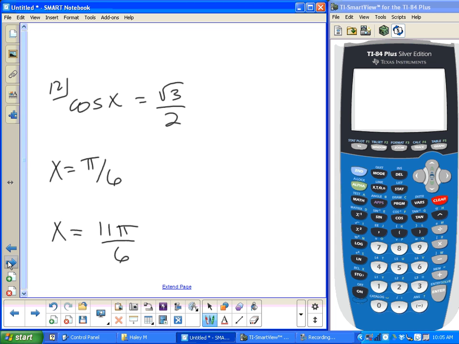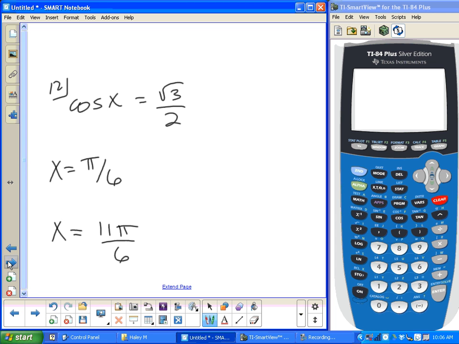Most trig equations have 2 basic solutions. But really and truly, there's an infinite amount of solutions. Visualize your unit circle. If you're at pi over 6, what's another way to get to pi over 6 instead of just going right there? You go all the way around and go to pi over 6.